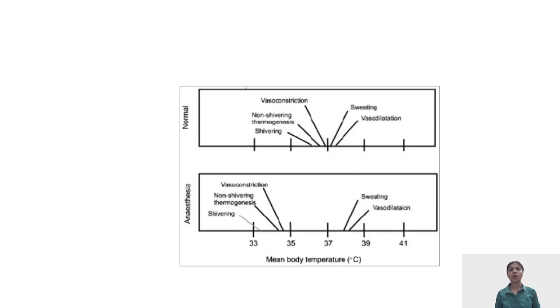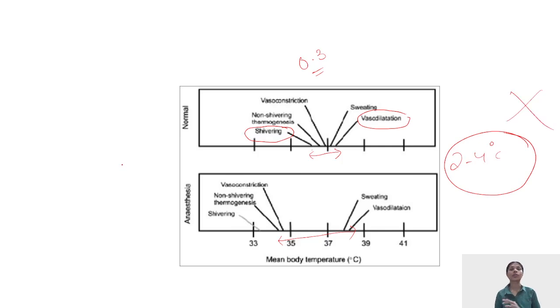In a normal human being, the range between the shivering response and the vasodilation, that is the sweating response, is very small. But under anesthesia, the anesthetic drugs increase this interthreshold range, which was only 0.3, to 2 to 4 degrees Celsius, and this is the range in which no autonomic responses are going to be activated in your body.